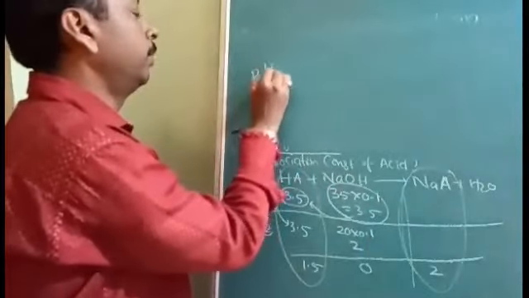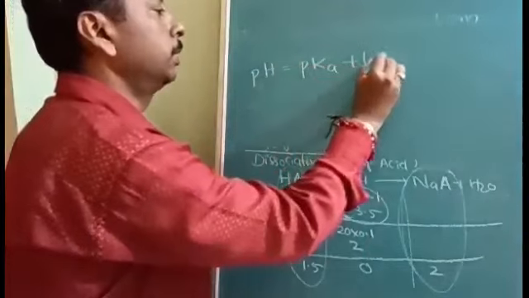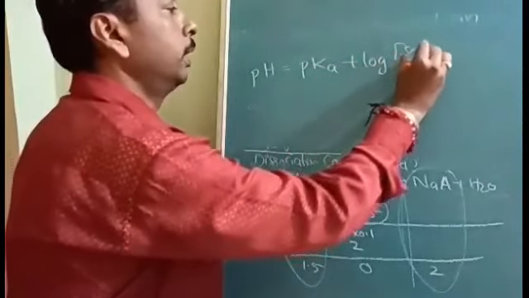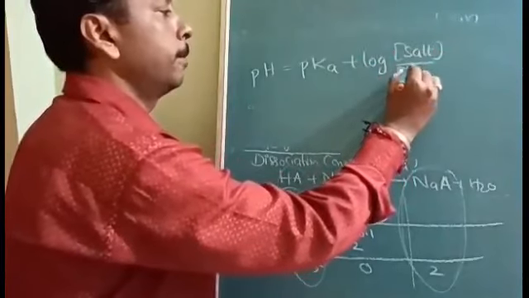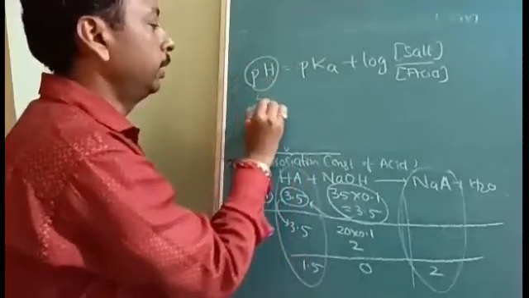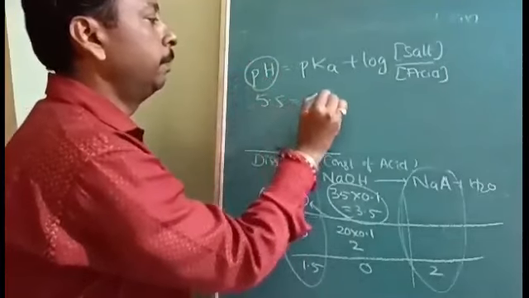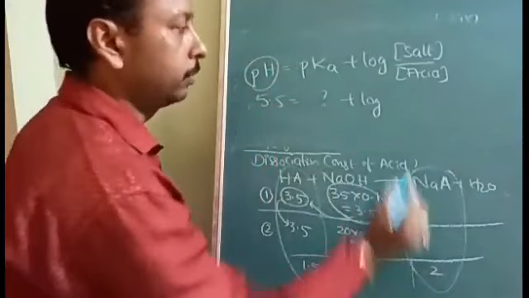For an acidic buffer, the formula is pH equals pKa plus log of concentration of salt by concentration of acid. The pH is already given, 5.5, and pKa is what we require.